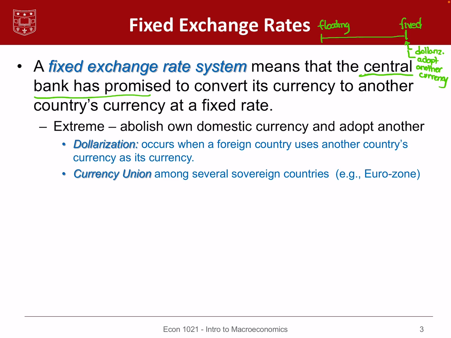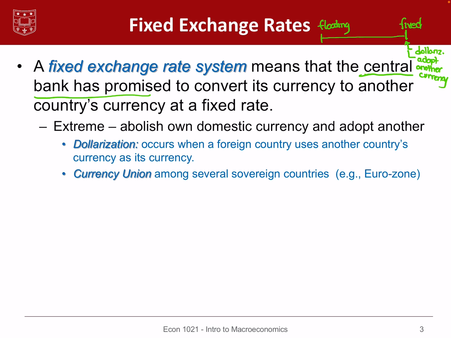Dollarization is a phrase that refers to the idea that a foreign country uses another country's currency as its own currency. In the majority of instances in which this happens, the currency used is the US dollar, and that's why it's taken on this shorthand of dollarization.